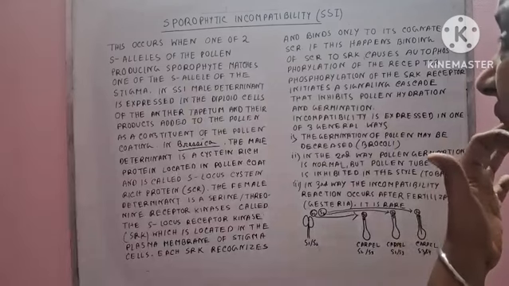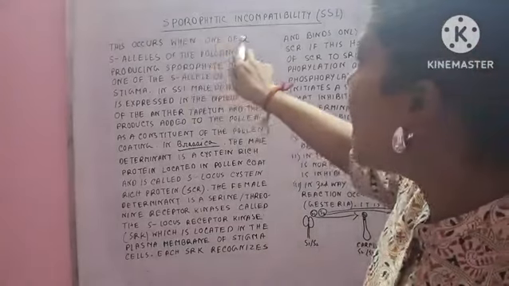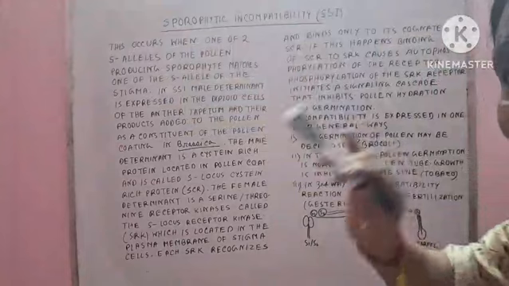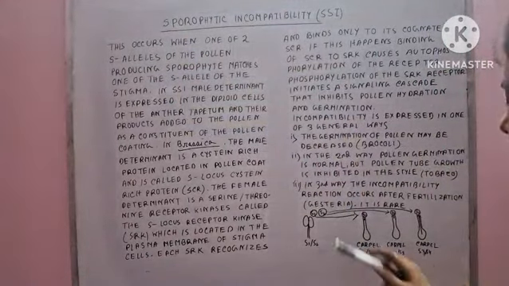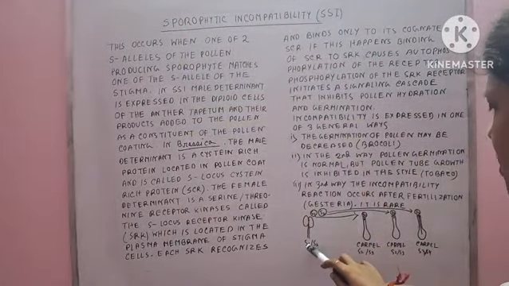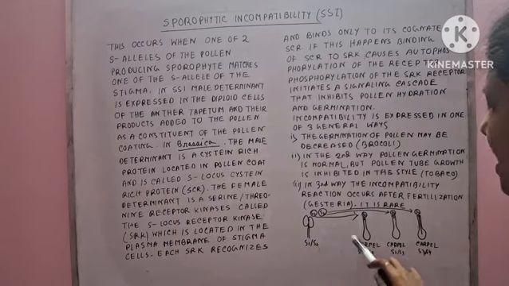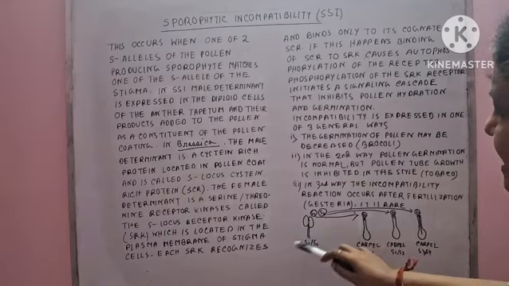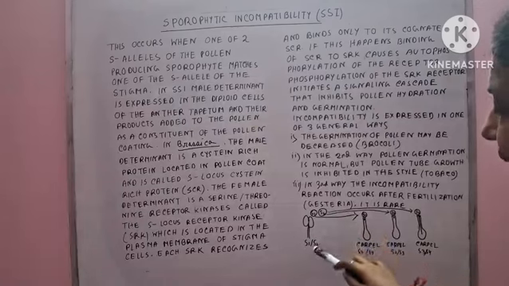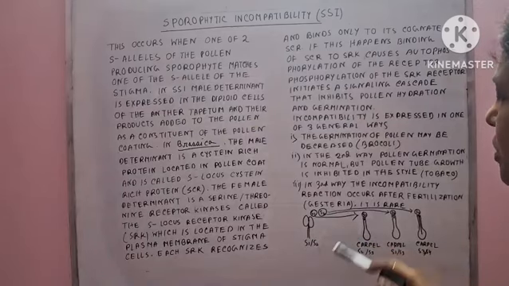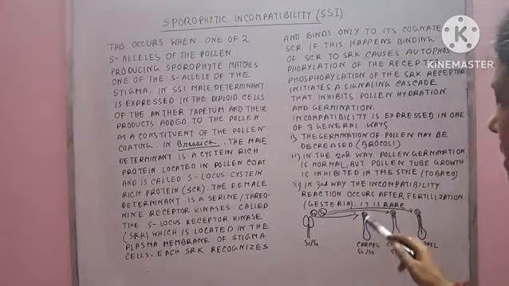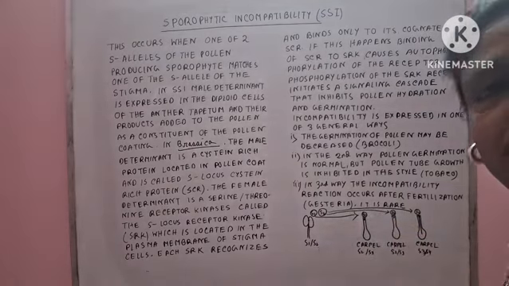So what I was saying is that if one of the two S alleles matches, here S1 is not produced in the carpel, but S2 is matched with that. Clear? So the incompatibility occurs.